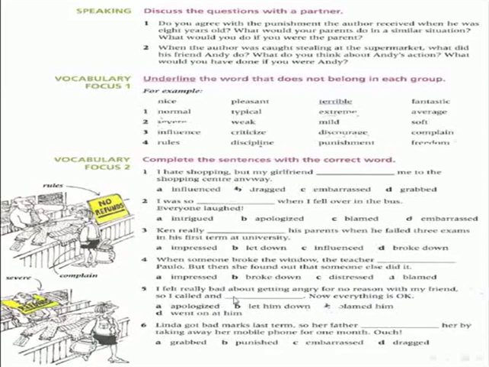So I called and, what did I do? A. Apologized. It means said sorry. Now everything is okay. 6. Linda got bad marks last term. So her father punished her by taking away her mobile phone for 1 month. Ouch. Punished her.